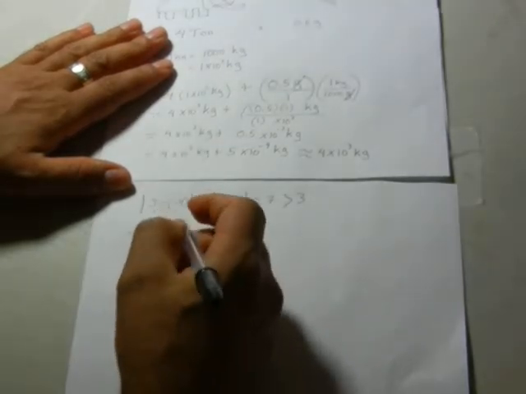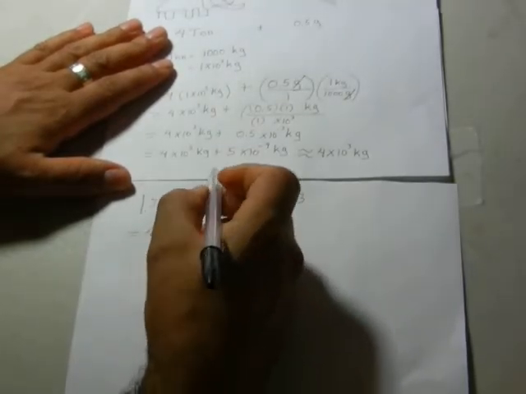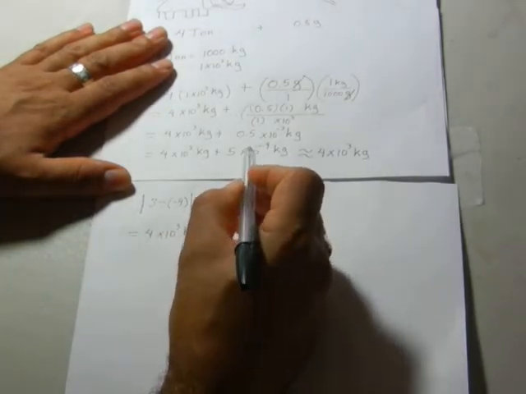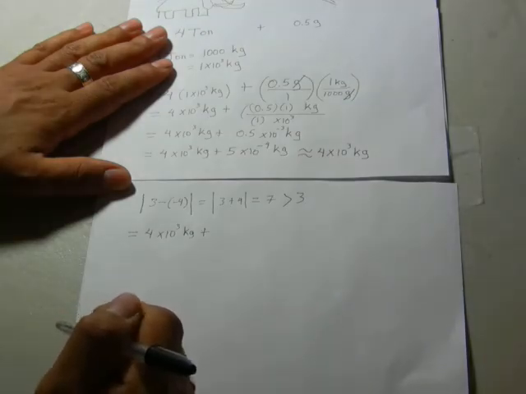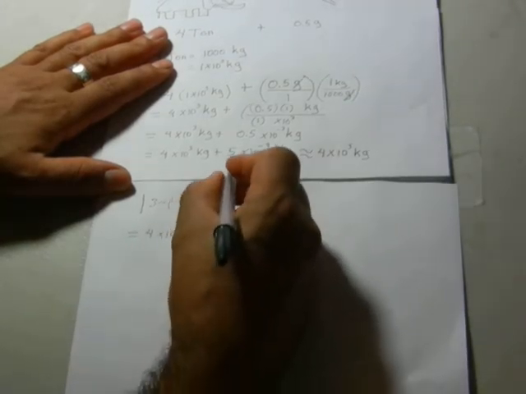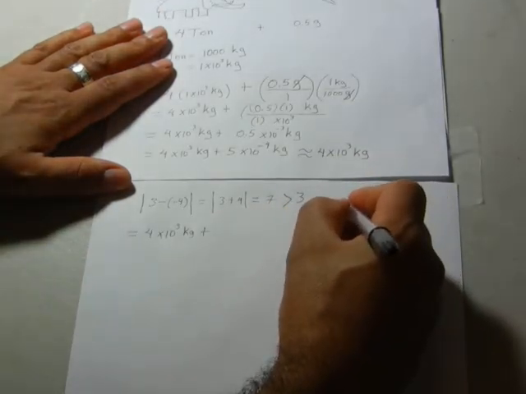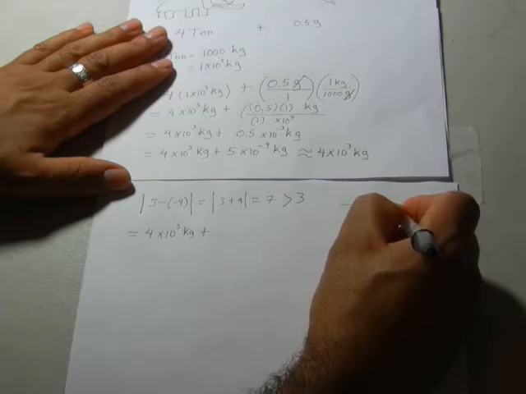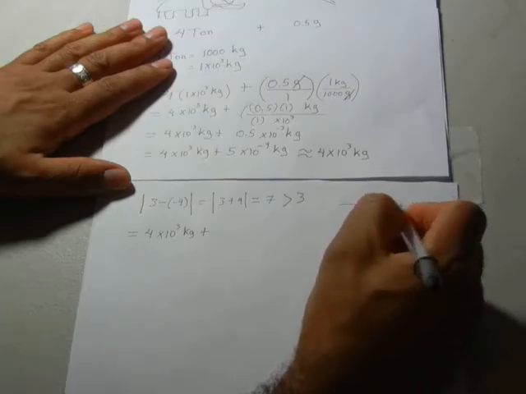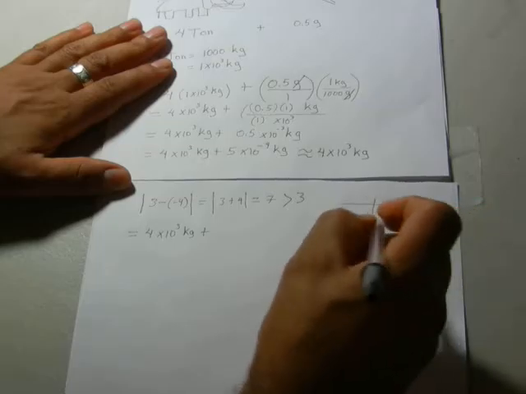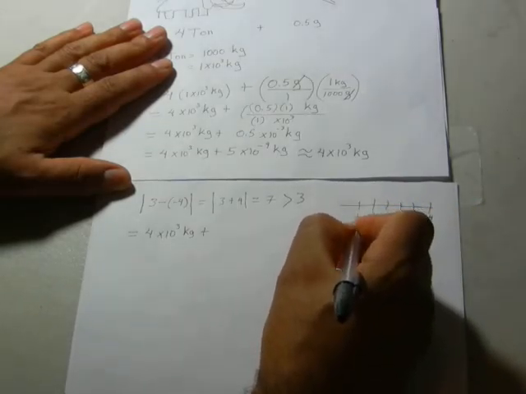You want to add this, so I'm going to keep the biggest number, and I need to express this number in the magnitude times 10 to the 3. So using the inverse rule of powers, 0, minus 1, minus 2, minus 3, and I am right now in minus 4.